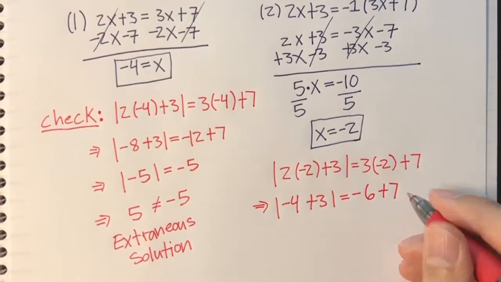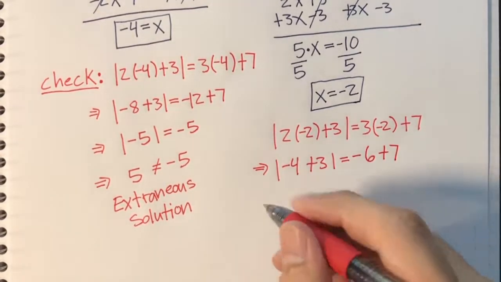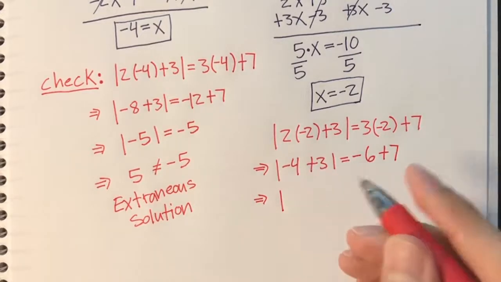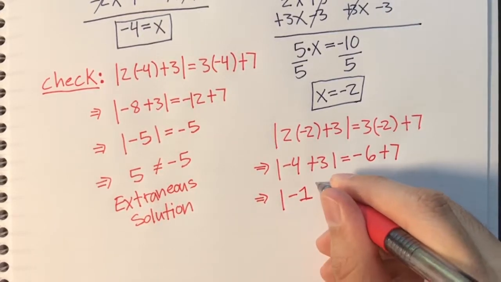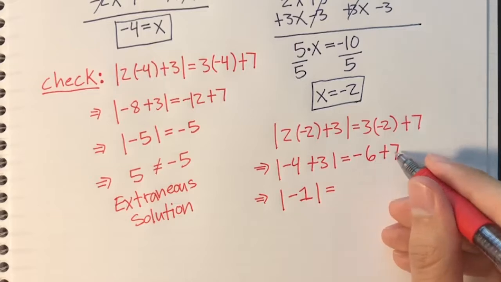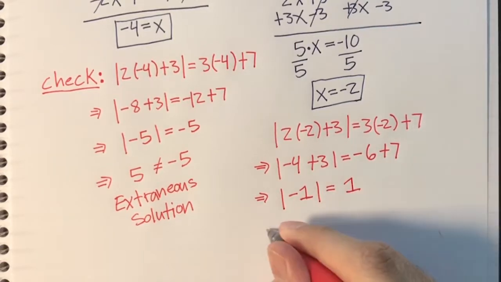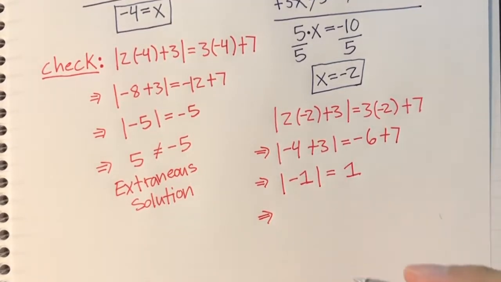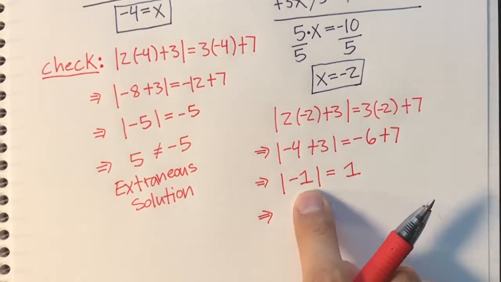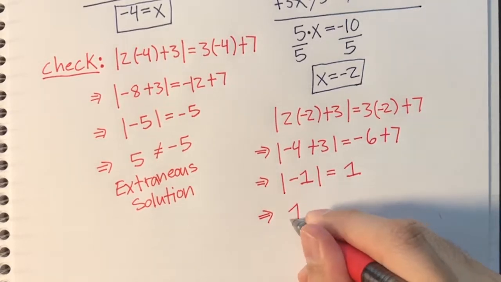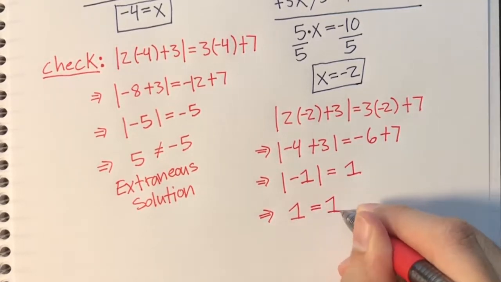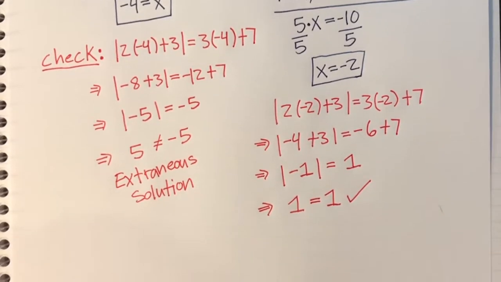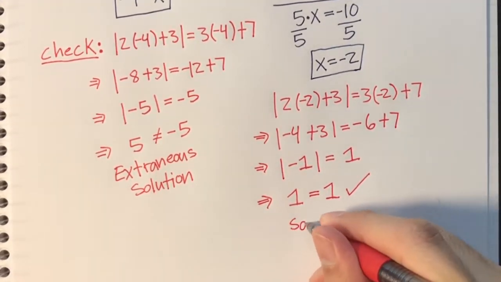Bring down the 7. Absolute value of negative 4 plus 3, that's negative 1. Negative 6 plus 7, that's a positive 1. What's the absolute value of a negative 1? In other words, what's the positive value of negative 1? It's going to be 1 equals 1. Is that true? Yeah, that's true. So what do we have? We have a solution. Okay, so we're just going to write solution.